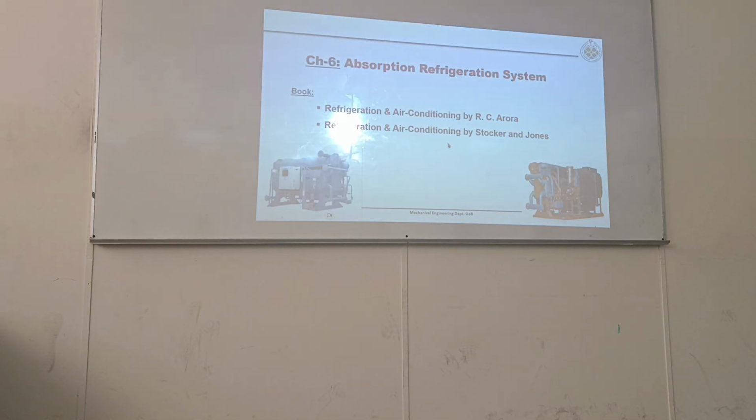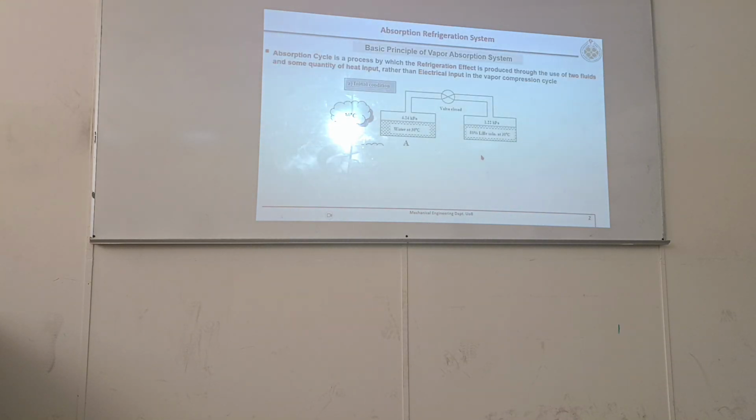So now let's discuss this system. These slides are made from these two books. First of all, we need to understand the physics of the process used here, where we are replace the compressor with something which does not require electrical energy.